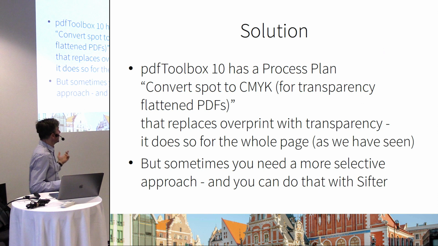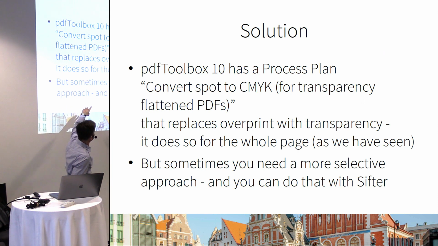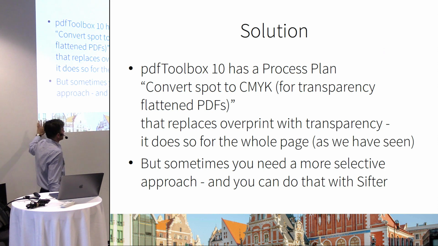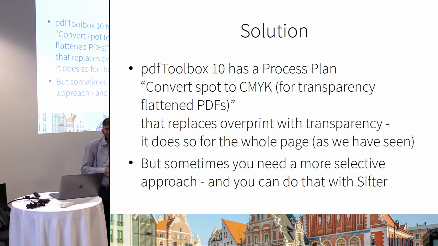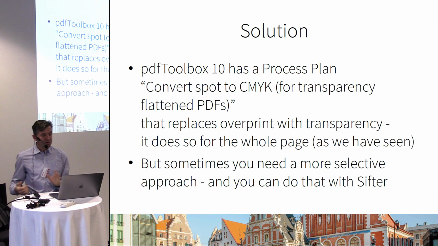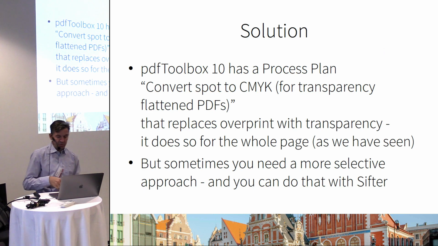So it's a better, more selective approach where you don't, as in the previous process plan, just replace all overprints with transparency. Here you can replace only those objects that really have an effect when you convert them.